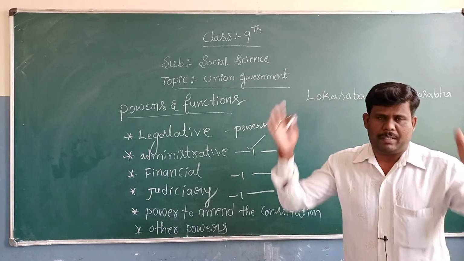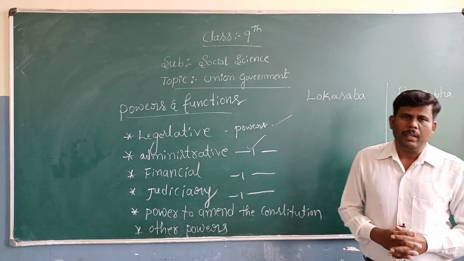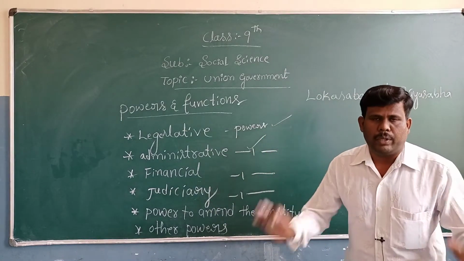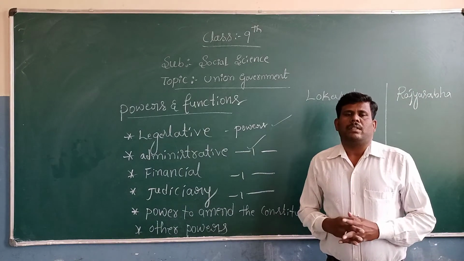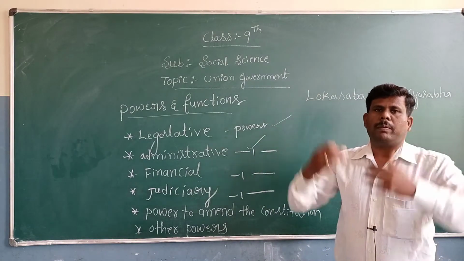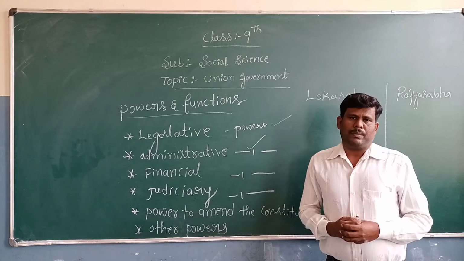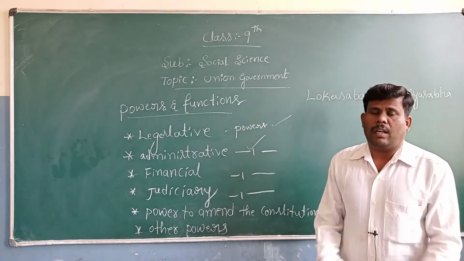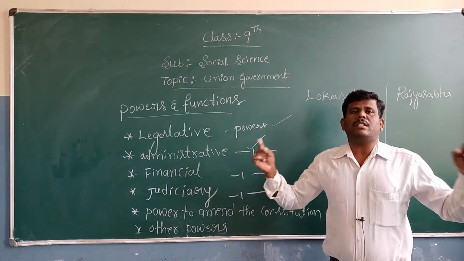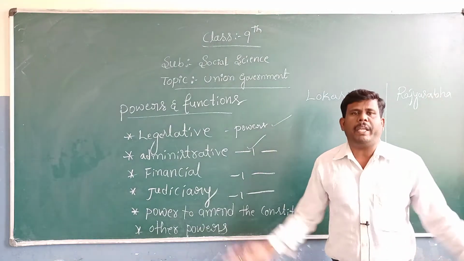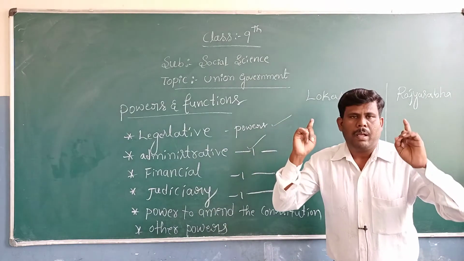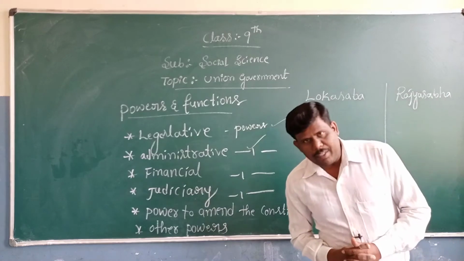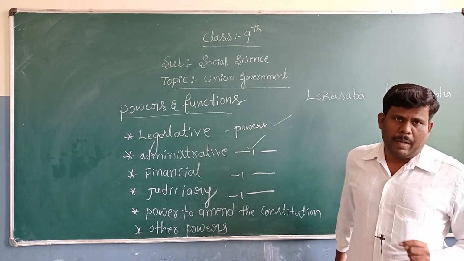If no proper response is given, the members will resign their posts, and then the government will dissolve. For that reason, the Prime Minister and other Council of Ministers should be accountable to the Parliament. That is called the administrative power of the Parliament.